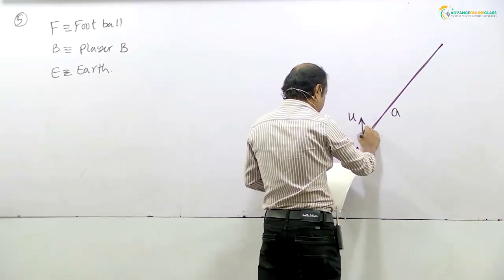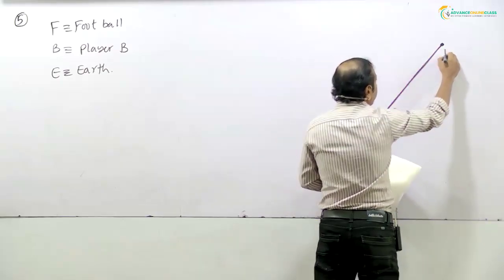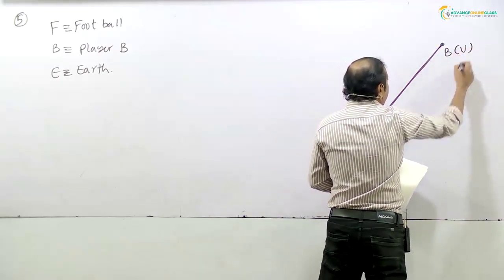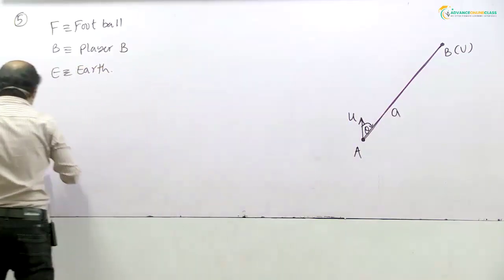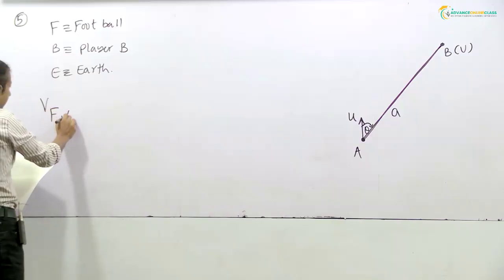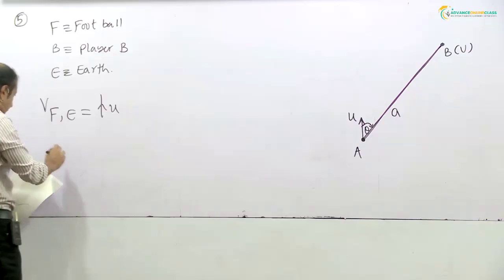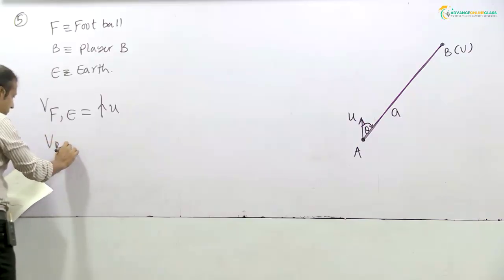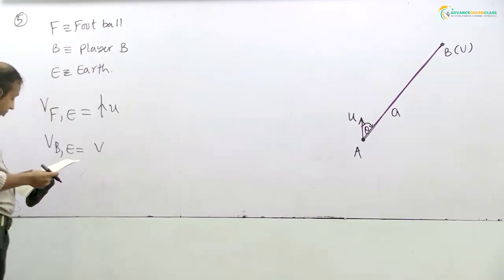Yes, this is theta. B can run with velocity v. We can write the velocity of football relative to earth, this way u. Velocity of player B relative to earth, v.